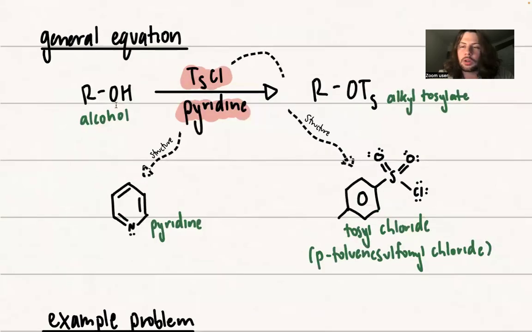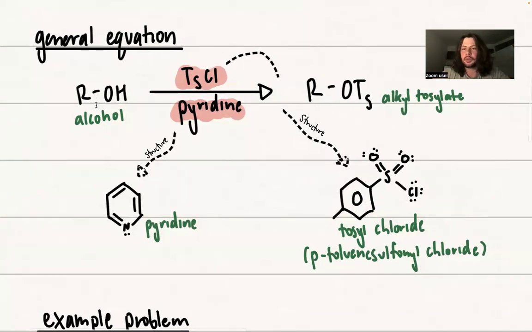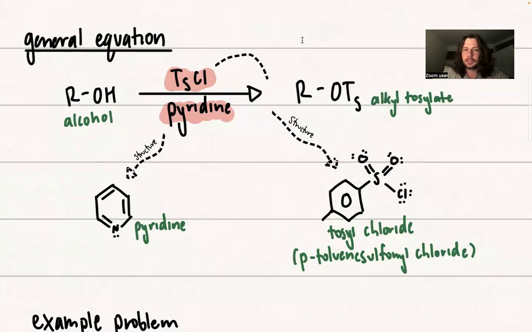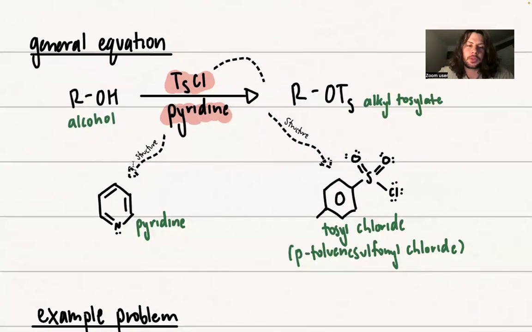So we have an alcohol, with R representing the rest of the alkane with OH attached to it. And then we're going to have tosyl chloride and pyridine. That's going to create this alkyl tosylate shown right there. I've drawn the structures of these individual reactants as well. So tosyl chloride is going to look like this here on the right.